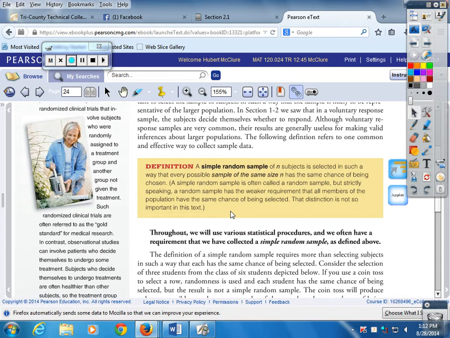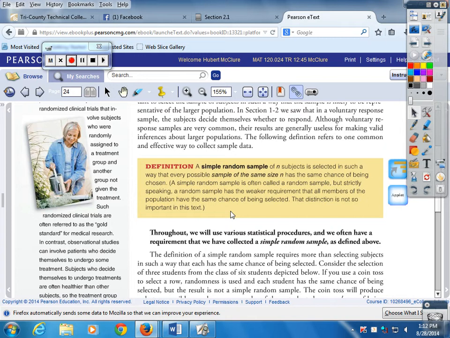Simple random sample is where everyone or everything has equal chance. This is random sample. Everyone or everything has the same chance of being selected.